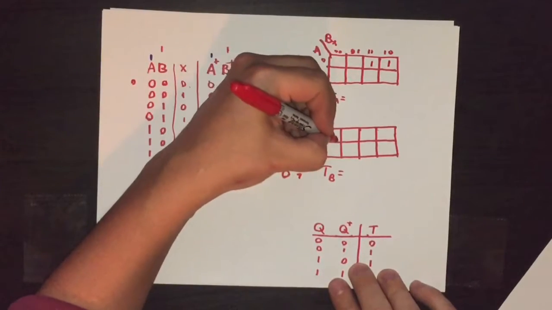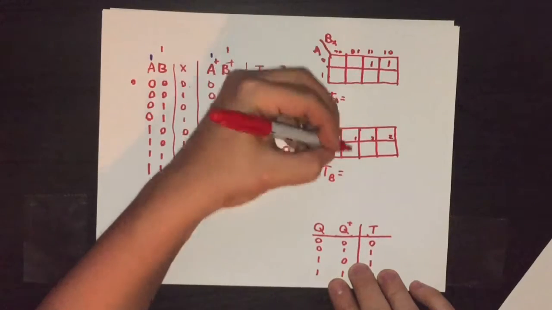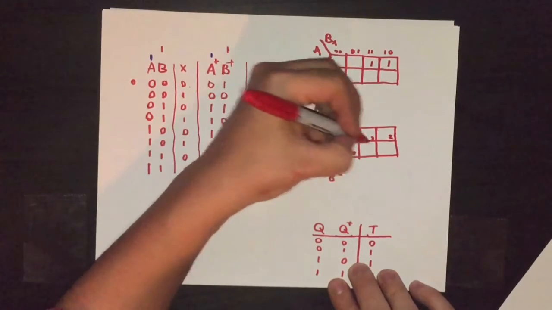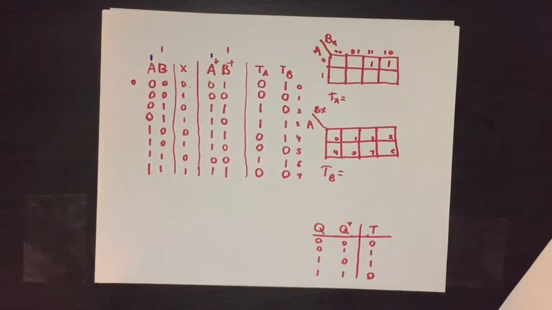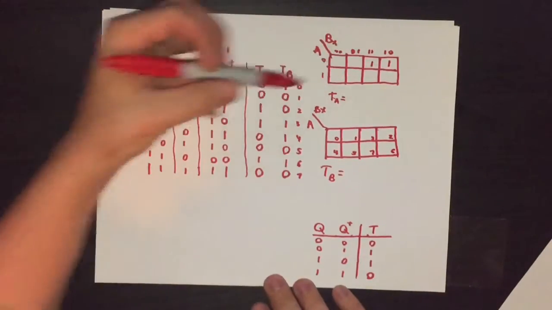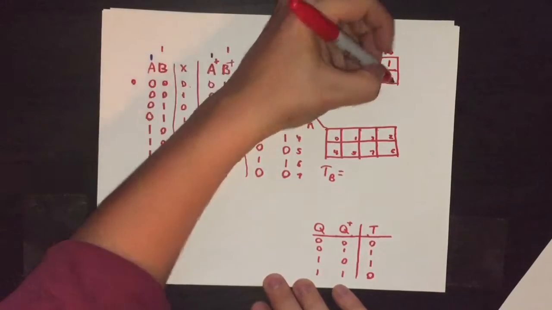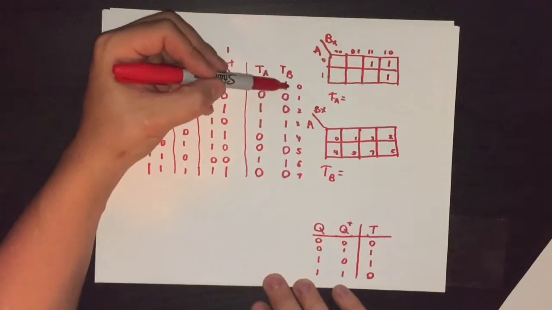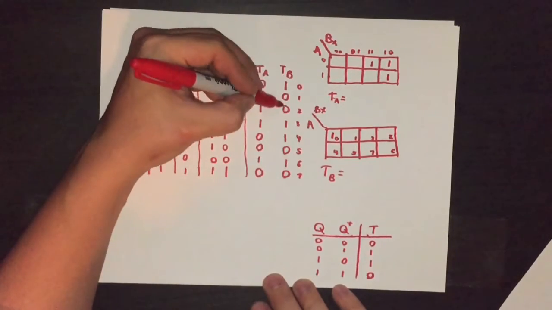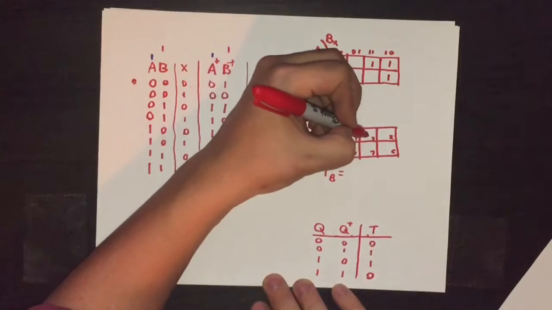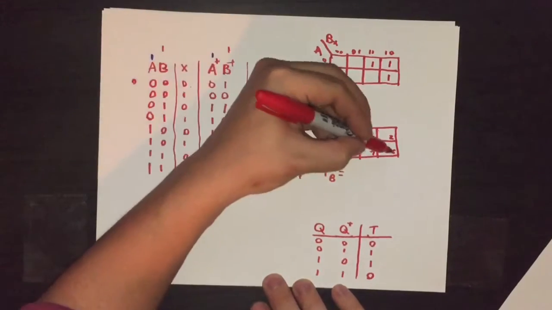I'll draw in these on this one just for reference. 2, 4, 5, 6, 7. Alright, let's fill in our ones. So 2 and 3 and 6. Now 0, 3, 4, and 6.